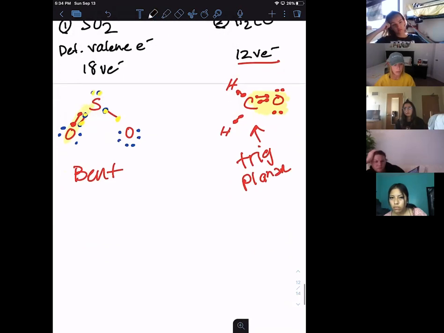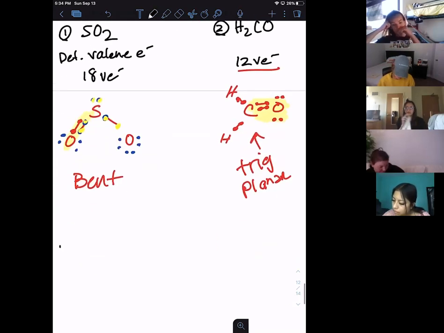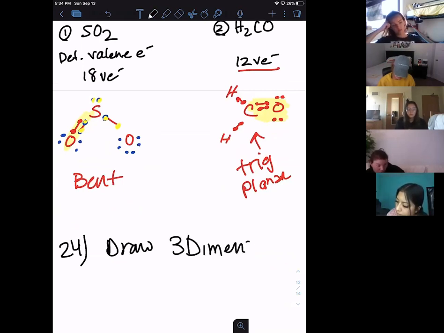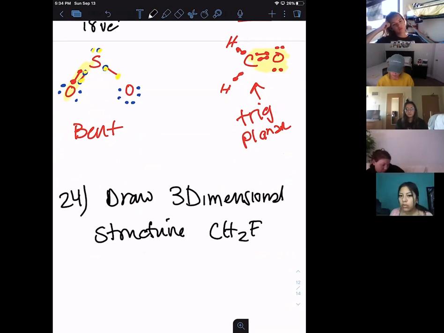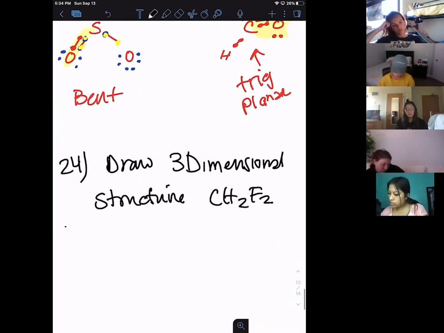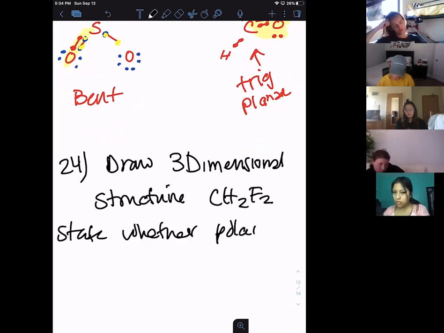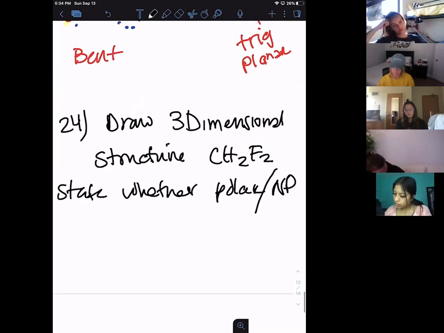And last question. Draw a 3D structure. Instead of drawing, it'll probably say determine the 3-dimensional structure for CH2F2 and state whether the molecule is polar or non-polar.